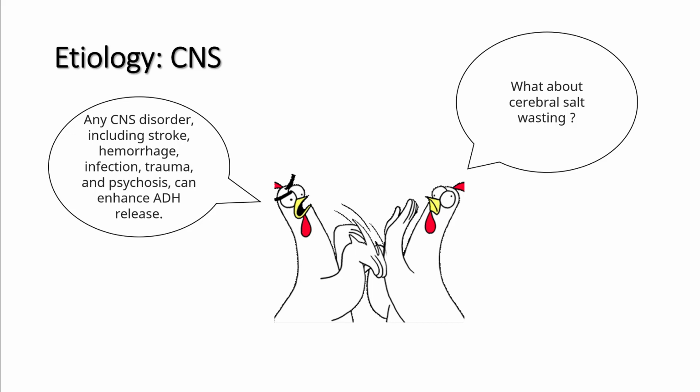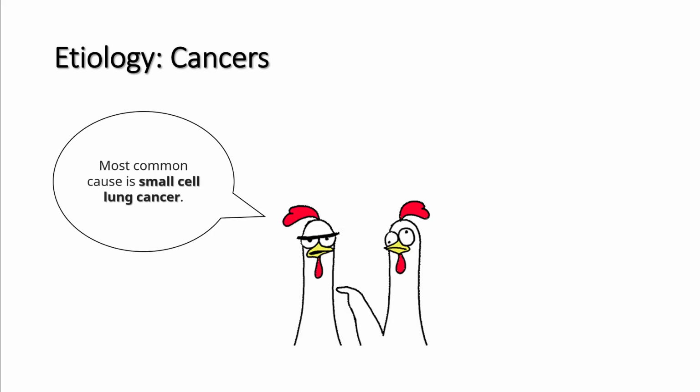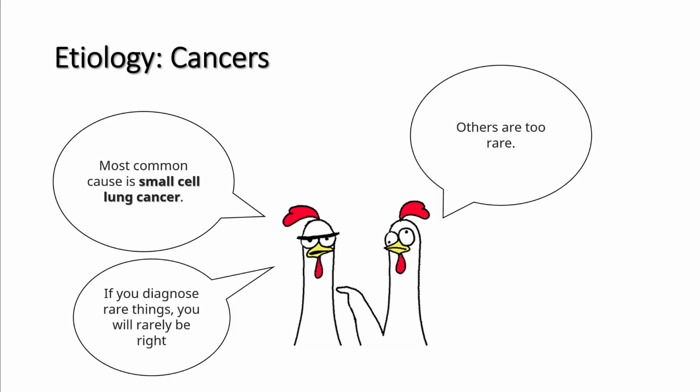There is another condition called cerebral salt wasting, which is a rare condition, and we'll talk about that in another lecture. You have to understand that cerebral salt wasting is a different syndrome than SIADH. Cancers can rarely cause SIADH, and the commonest one is small cell lung cancer. Other lung cancers are mostly not associated with hyponatremia.